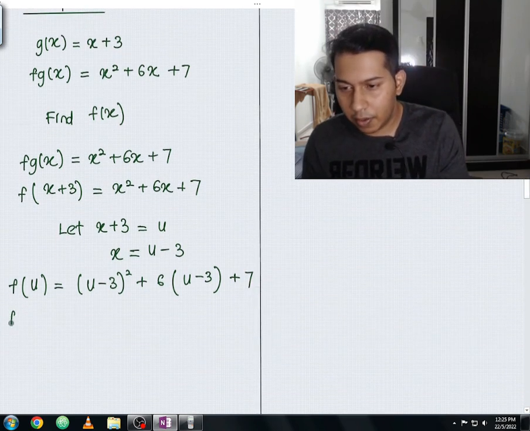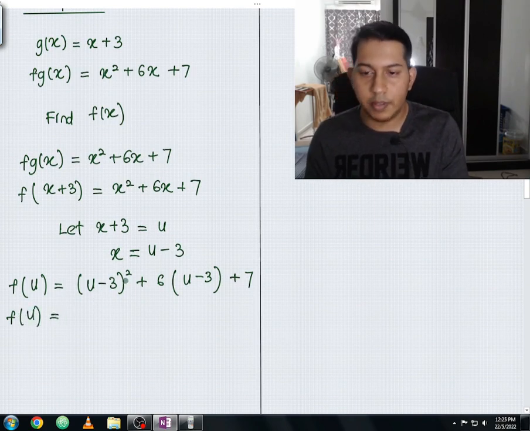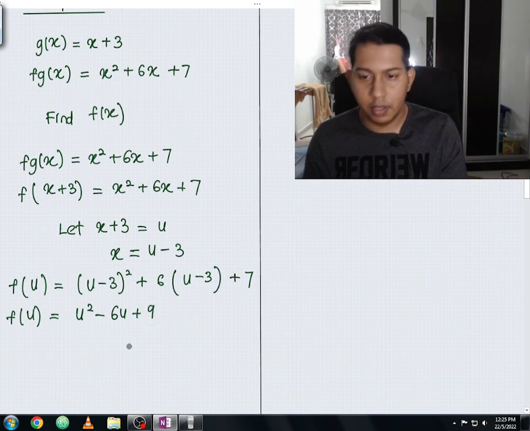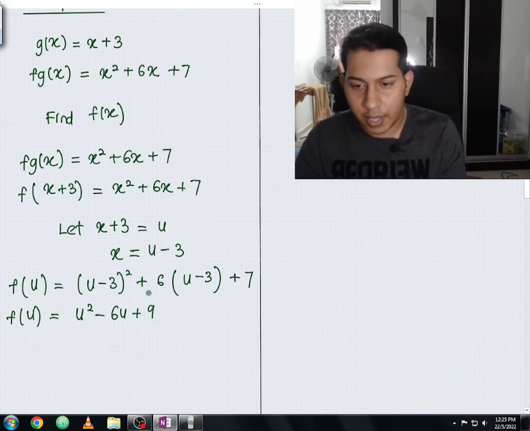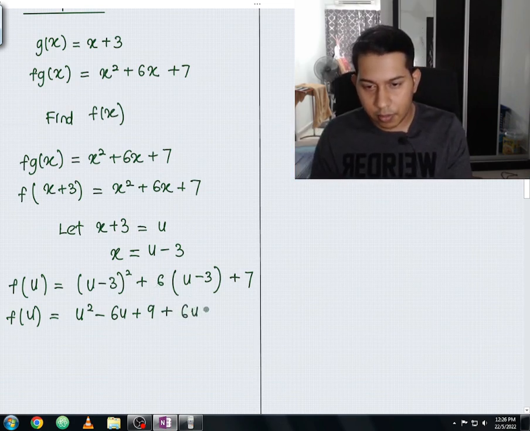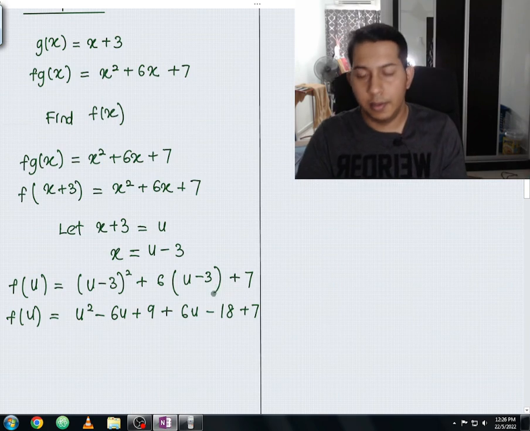So f(u) is equal to, this (u minus 3) squared you expand, so you should get u squared minus 6u plus 9, and then plus, this 6 you multiply in, so you get 6u minus 18, and then you plus 7.